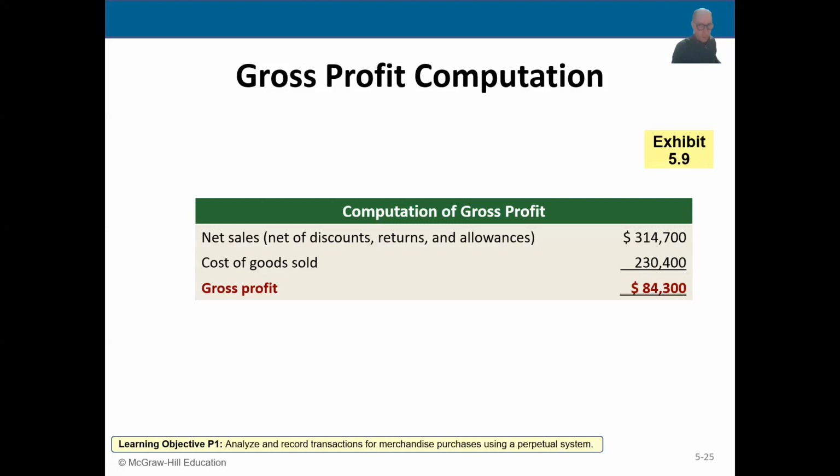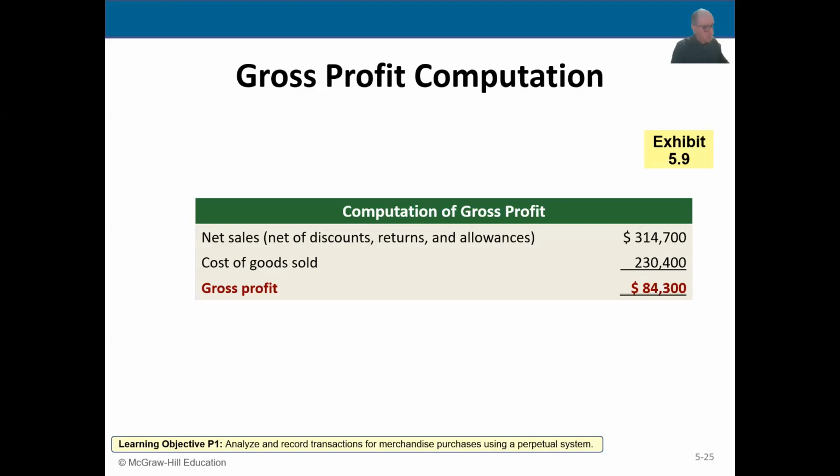Yeah, typical merchandiser, retailer income statement. How do we calculate gross profit? Very simple. We take sales. More importantly, we take net sales. Net sales is the sales minus discounts, returns, and allowances. That gets you net sales.